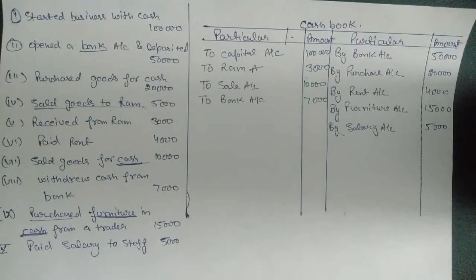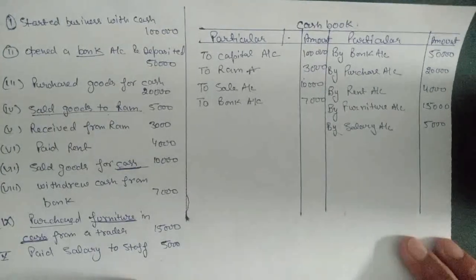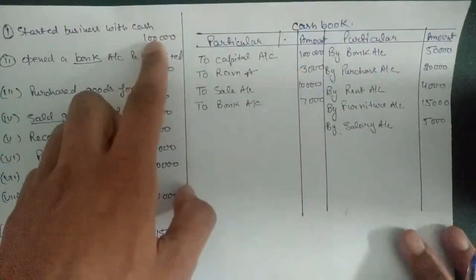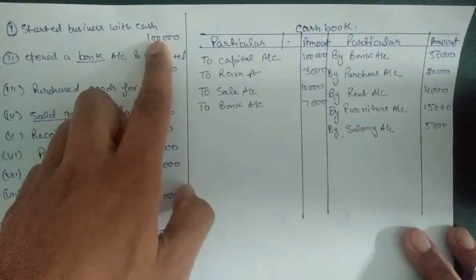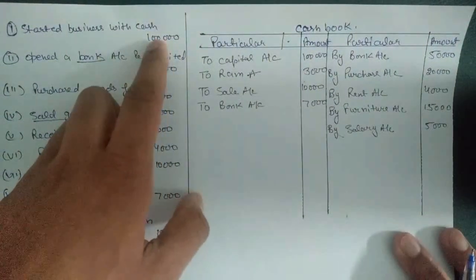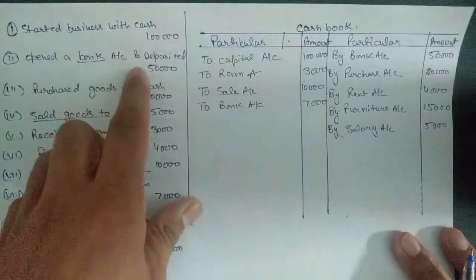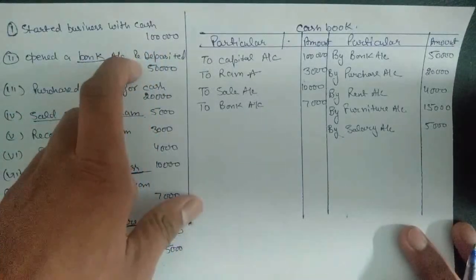The basic point is inflow and outflow. We need to check, is there any inflow in the cash book or is there any outflow in the cash book. So as I checked earlier that for first entry we have inflow because business owner brought cash in the business. Second entry, we opened a bank account and deposited cash.